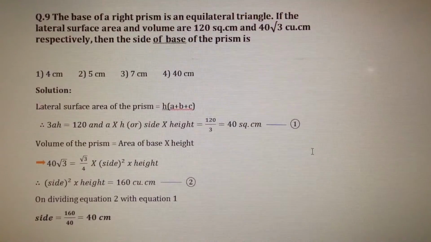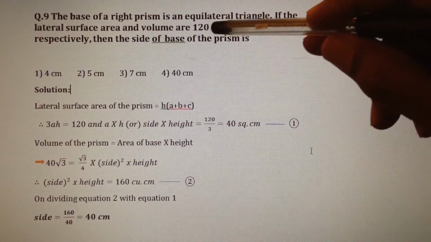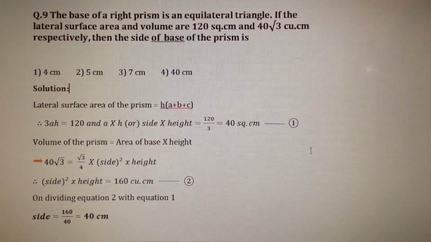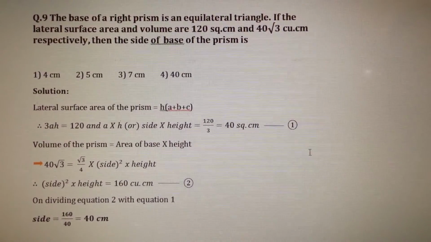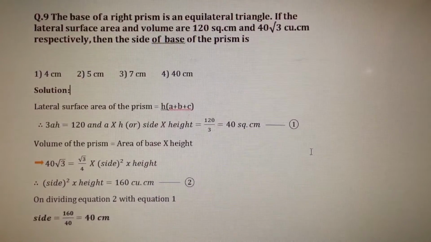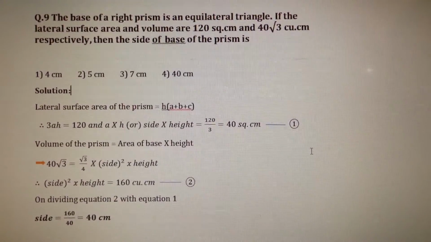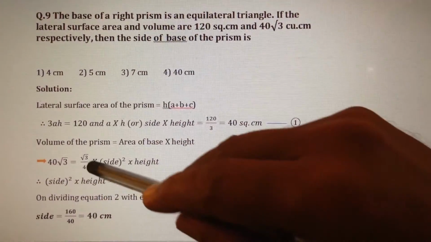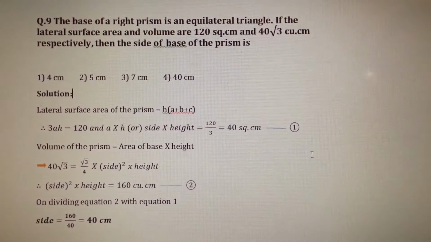And what other information is given is the volume of the prism is also given as 40 root 3 cubic centimeters. We know the formula to find out the volume of the prism, which is area of the base into height. What is the area of the base? Root 3 by 4 into side square is the area of the base. Therefore, 40 root 3 is equal to root 3 by 4 into side square into height.